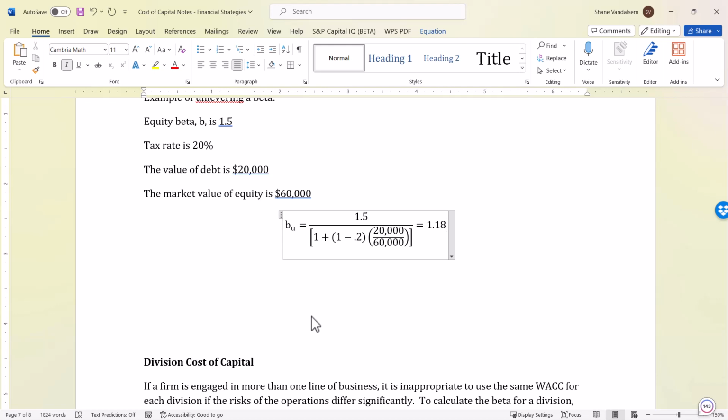So that's an example of taking an equity beta and unlevering it to get the asset beta. Now we're going to do the opposite. We're going to take this beta here and say that the firm's changing its capital structure.